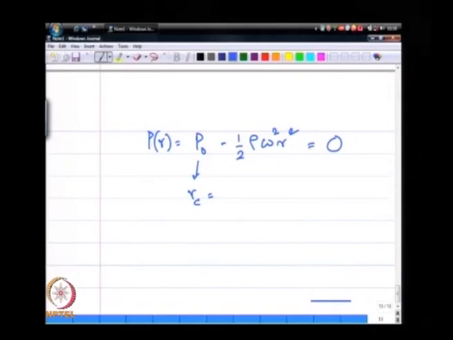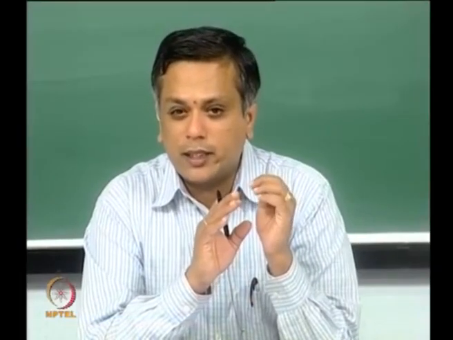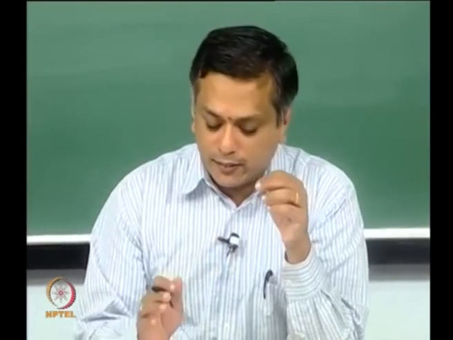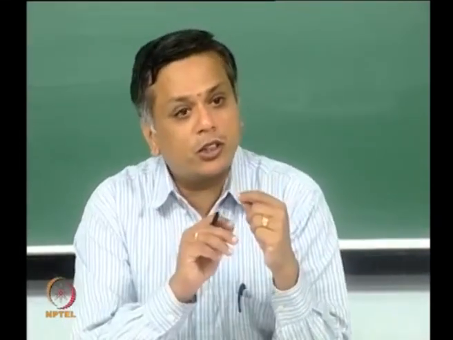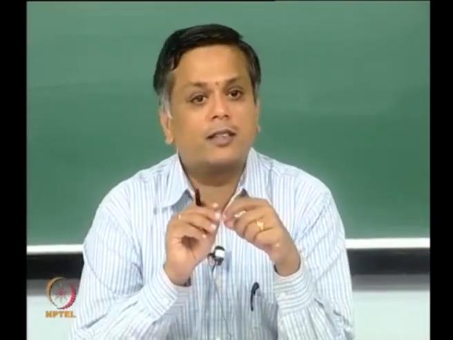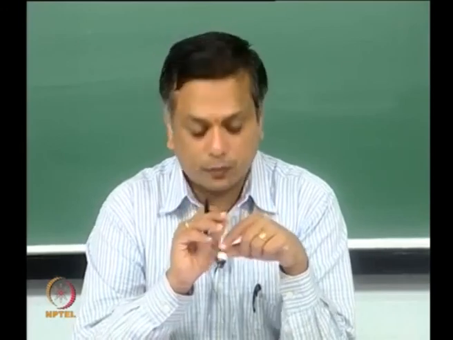Essentially, it is using statics to understand a dynamic system, which is not always the right thing to do, but it gives us the concept of the radius of the air core as being that point at which the centrifugal pressure due to the flow field is balanced by the atmospheric pressure.